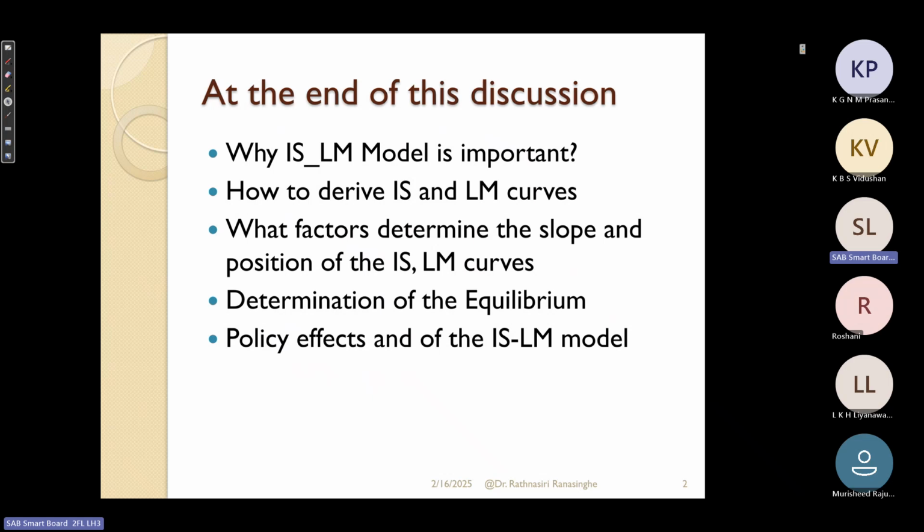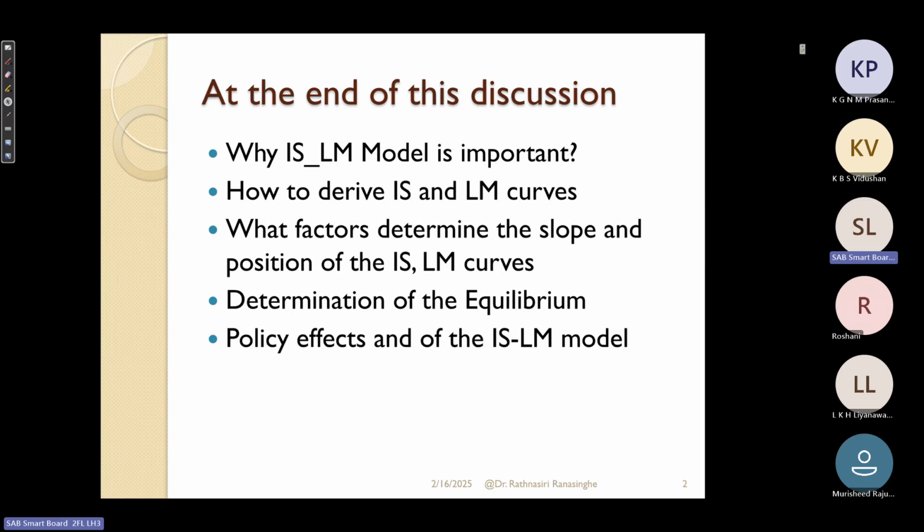So why is this IS-LM model important? It looks at not only the real sector or the demand side, but the monetary sector as well. In macroeconomics we need to identify the economy as a whole, so we need to analyze the real sector and the monetary sector and their interaction.